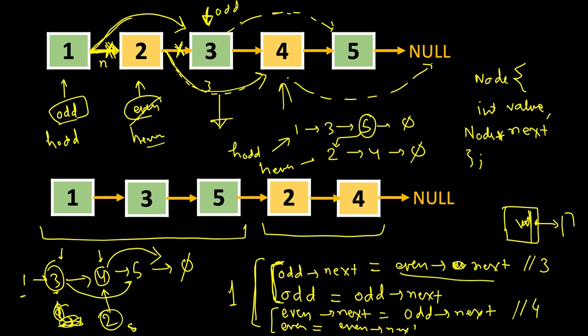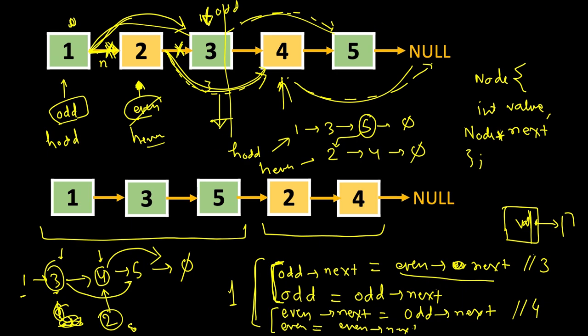So make this arrow point here, make this arrow point here, and move this pointer to the next odd, and move this current even to the next even. So we are done till this step, and we will repeat the same thing. This will keep repeating till we reach the end, and one of these becomes null, or strictly even becomes null.